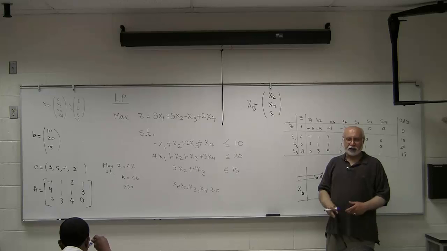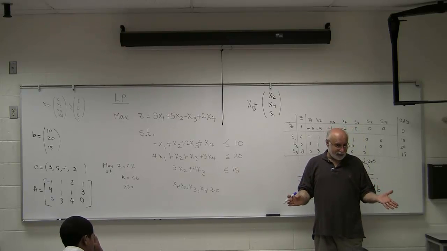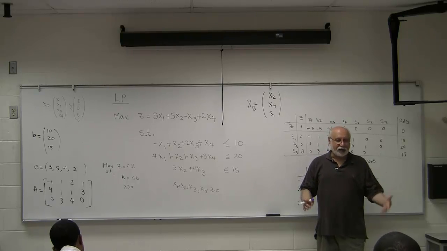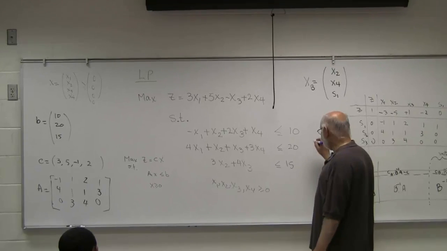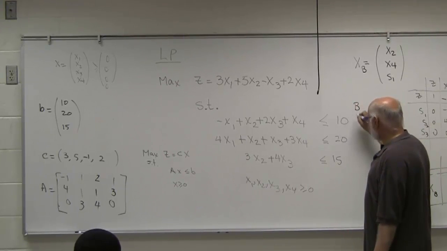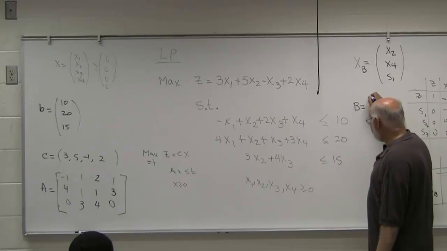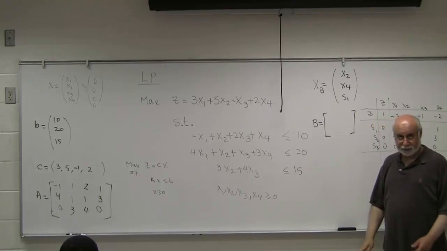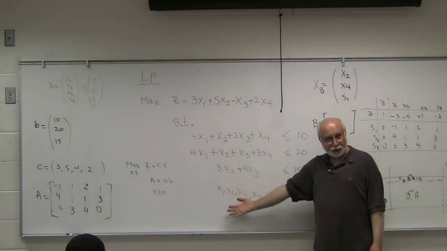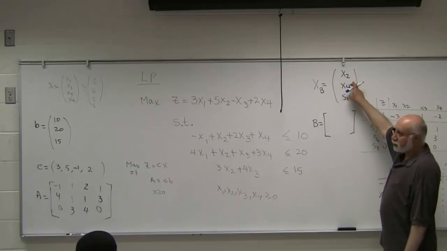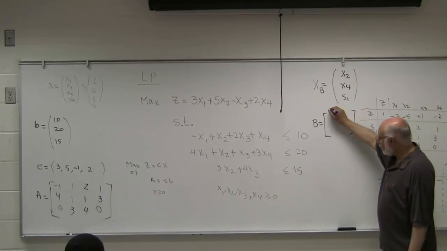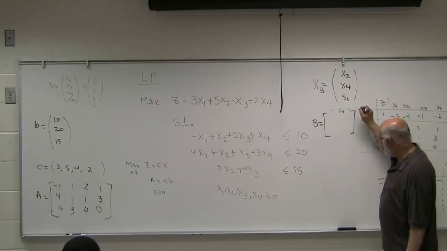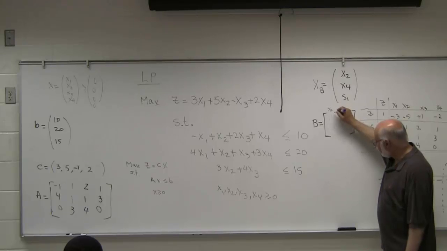And I say, okay, now that you know what XB is, you need to find the actual B. Actual B is the coefficient of these basic variables in the original problem. So that is x2, that is x4, and that is s1. I'm looking at the coefficients of these three.